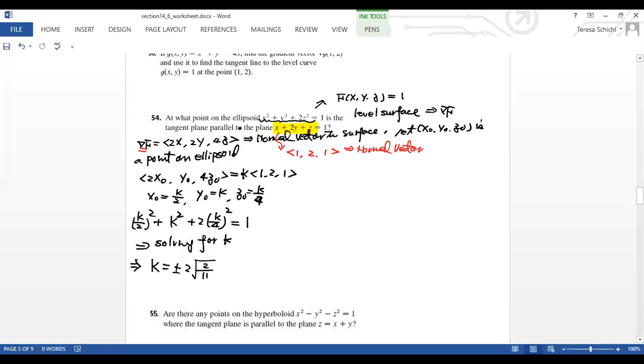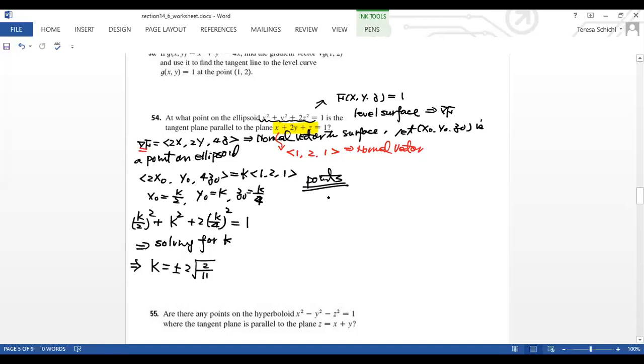Okay, so we have the tangent planes, or rather the points, right? I know the points here, because k can be plus or minus 2 times the square root of 2 over 11.